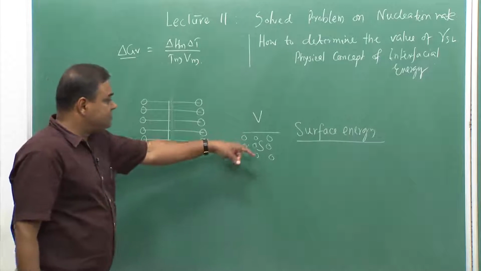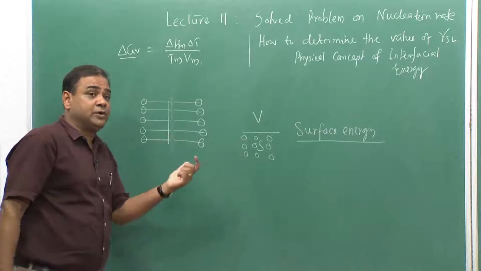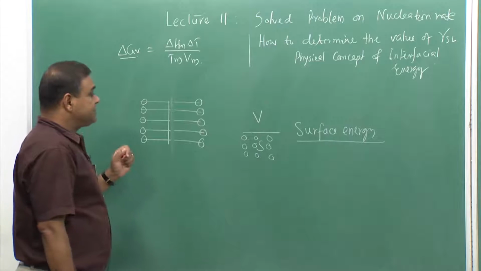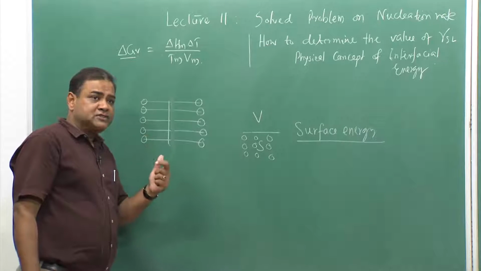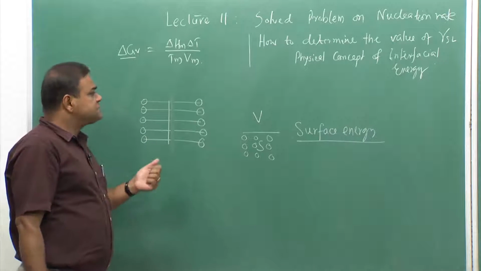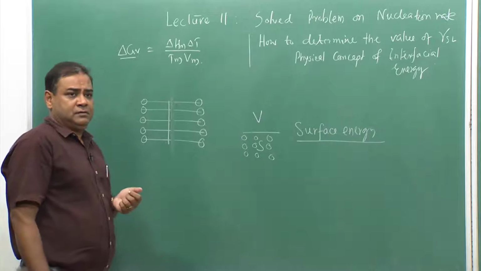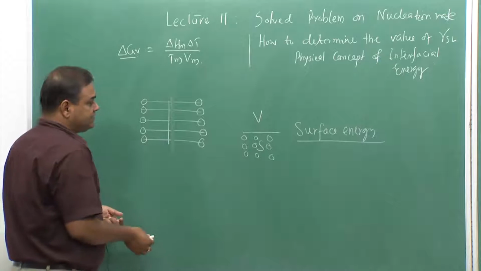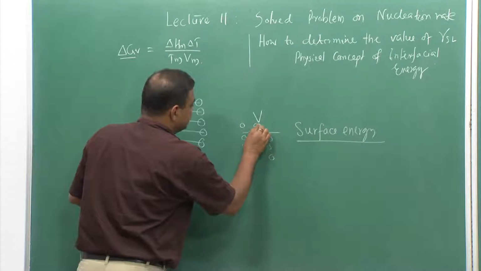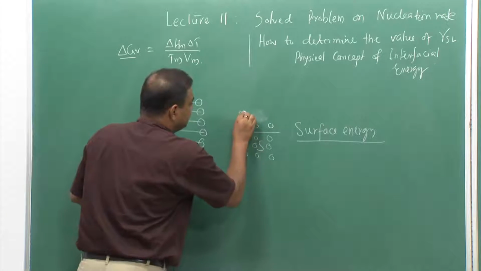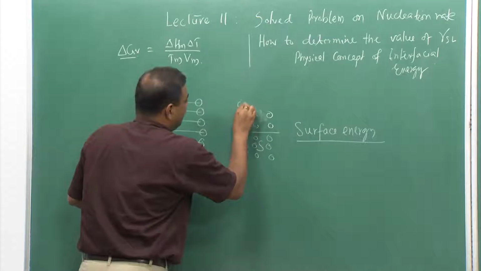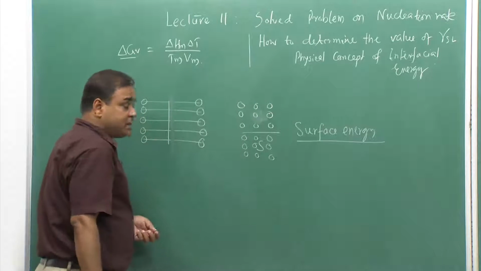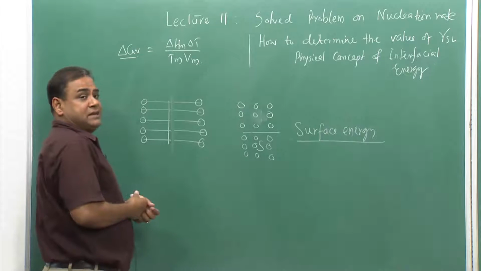Similarly, see this is solid vapor where the bonds are absolutely broken, but in case of solid liquid, the bonds are not completely broken. Okay. So, in the solid liquid case, let us say initially it is all solid, now it starts melting.